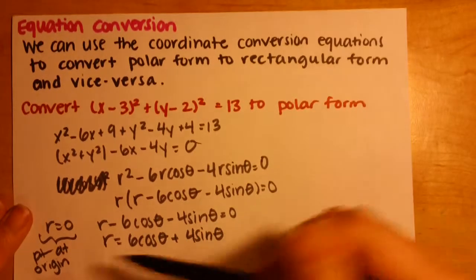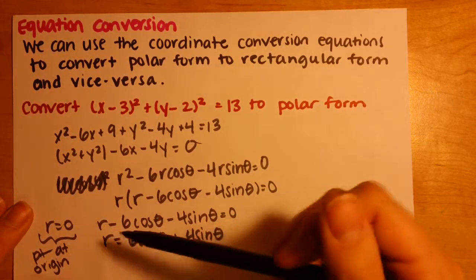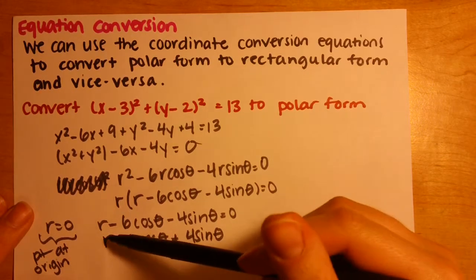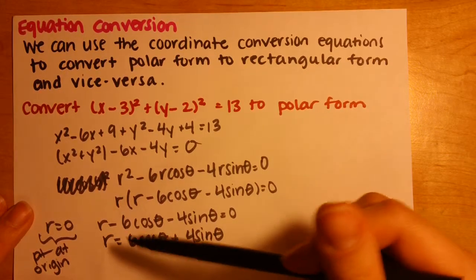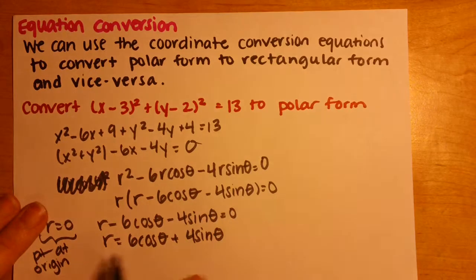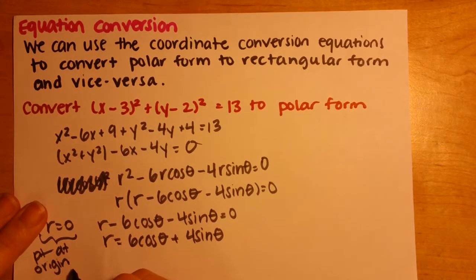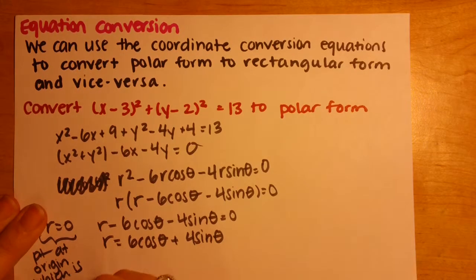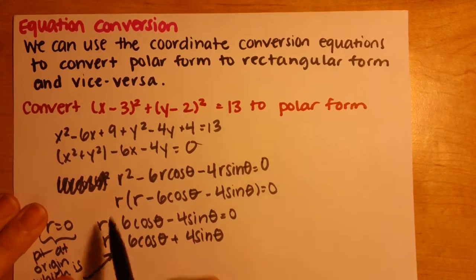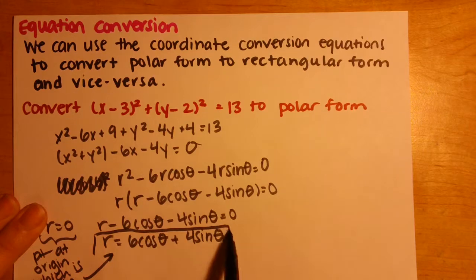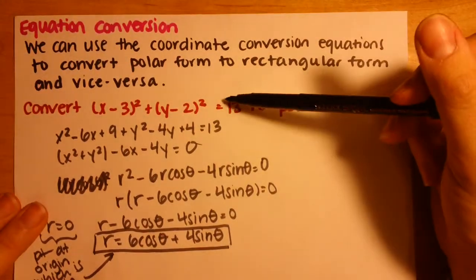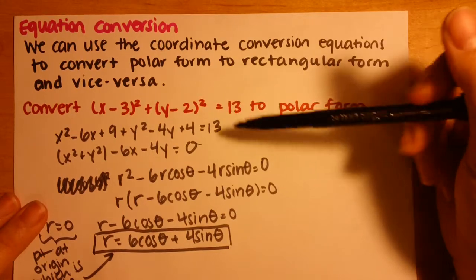So now we want to see if r equals 0 satisfies this. If r equals 0, it is a point at the origin. You plug in r, you'll get the point 0, 0. So it's in here. So here is your polar equation for the rectangular form up here. Okay?